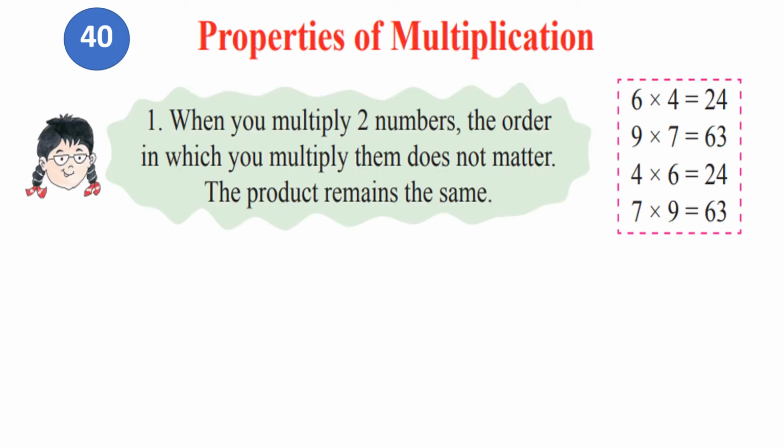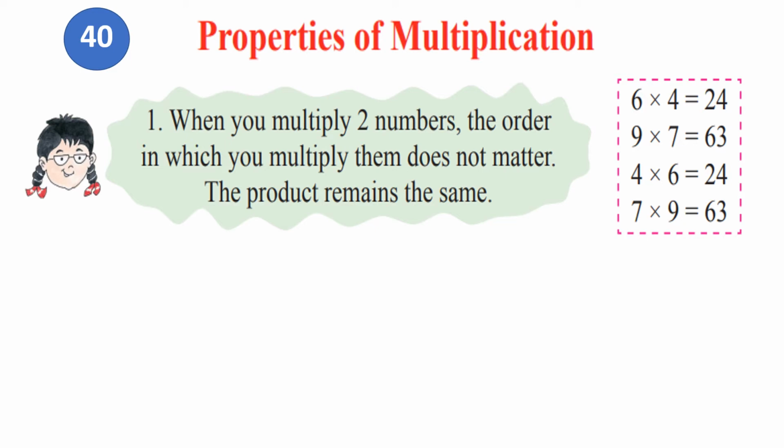This is our lesson for today about properties of multiplication, page 40. In the book, first: when you multiply two numbers, the order in which you multiply them does not matter. The product remains the same. Look at here. 6 times 4 equals 24. 9 times 7 equals 63.